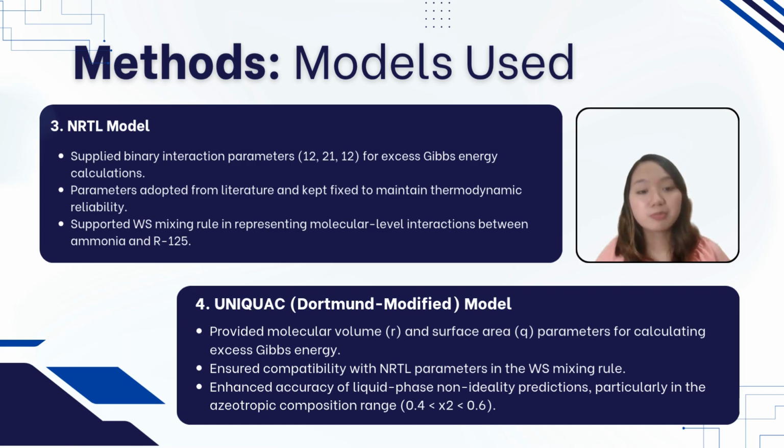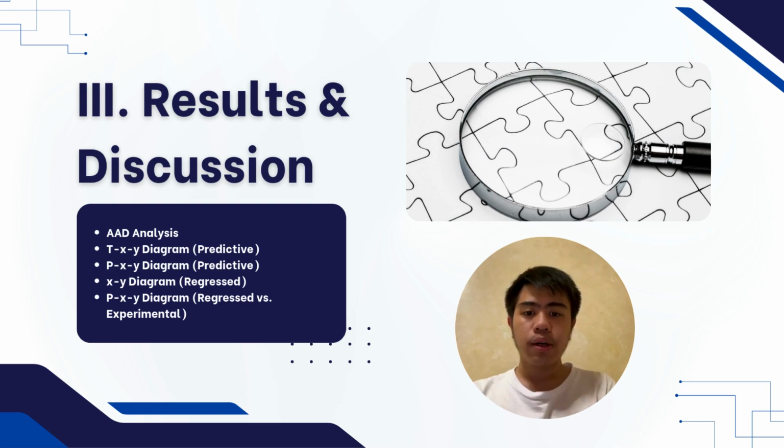Finally, the Dortmund modified UNIFAC model provides structural parameters, including molecular volume and surface area, denoted as R and Q, which enhance the calculation of Gibbs energy and ensure compatibility with NRTL contribution in the Wong-Sandler mixing rule. This model is particularly effective in capturing size and interaction effects, but it requires validation against reliable data sources.